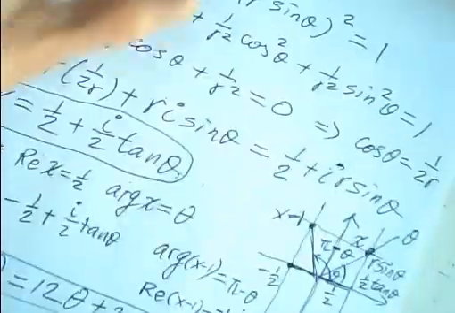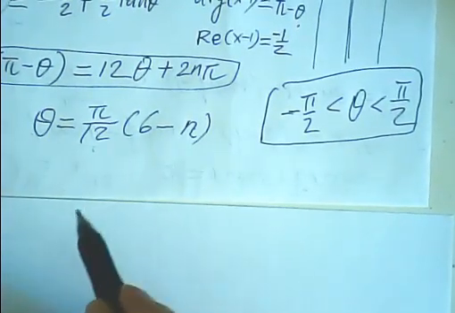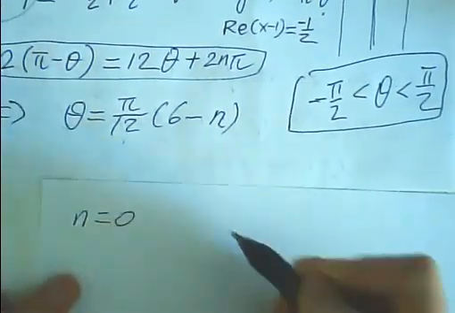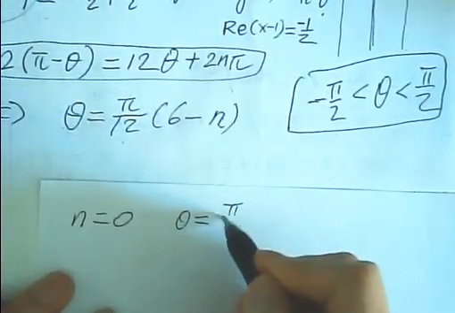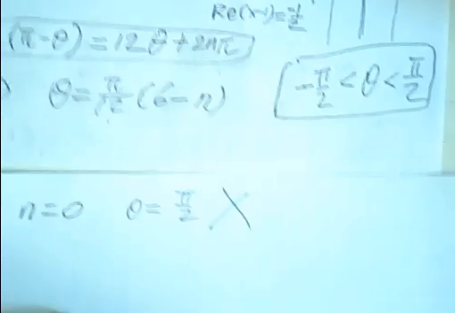Okay. Let's see. N equal to 0 is a half pi. Half pi is not allowed. It's not good.